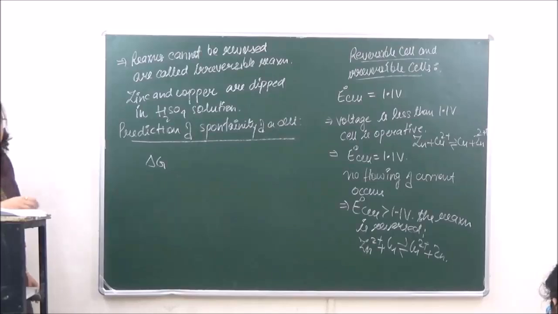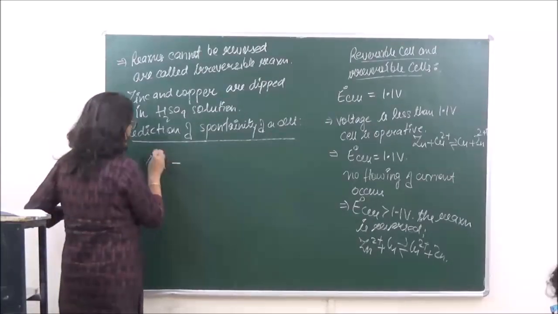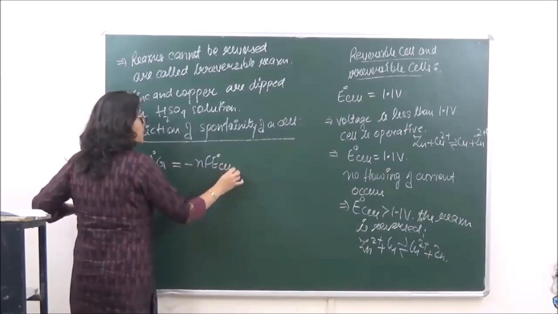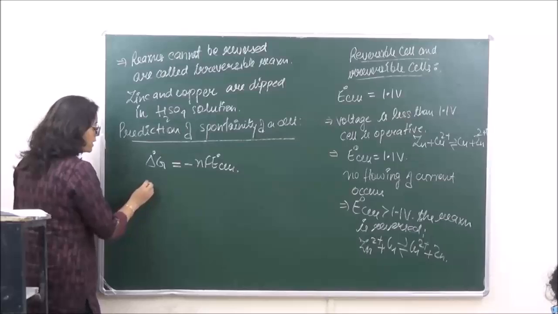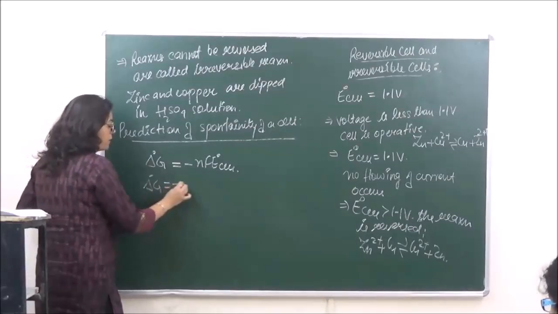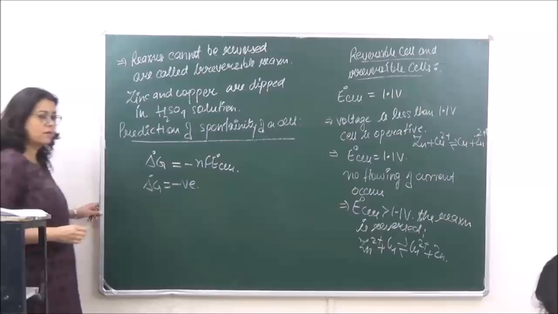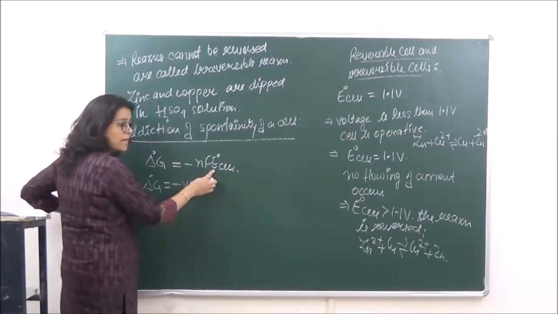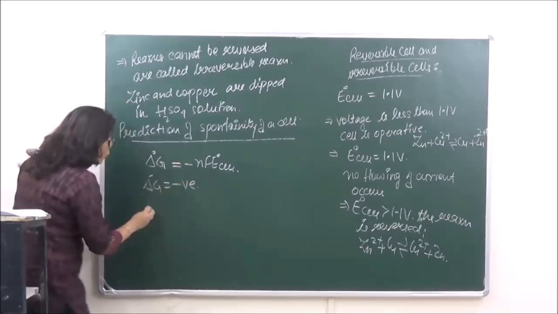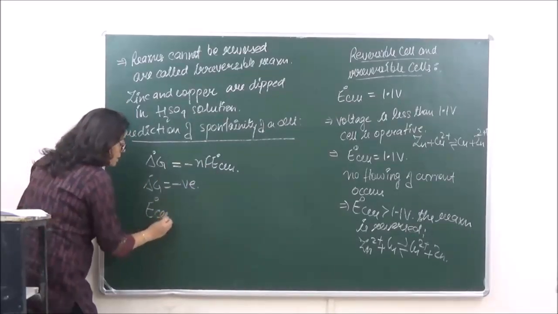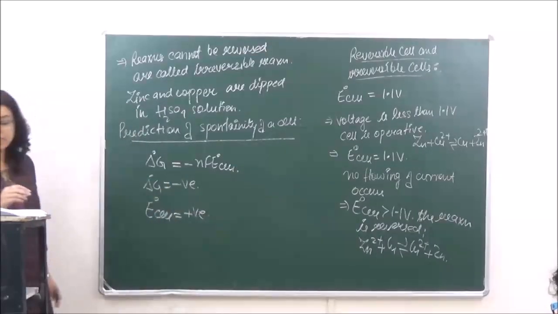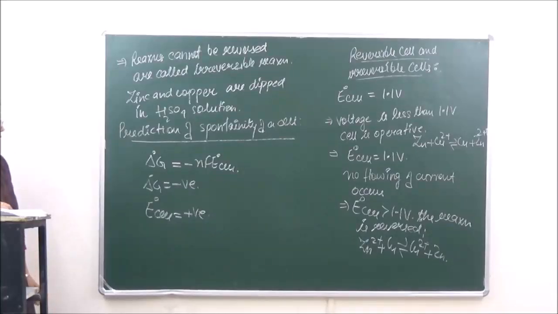Okay, so delta G is related to E naught cell as delta G = minus nF E naught cell. Any reaction will be spontaneous only if the value of delta G is negative, right? For delta G to be negative, the value of E naught cell has to be positive. Only those reactions are going to be spontaneous for which the value of delta G naught is negative and the value of E naught cell is positive.